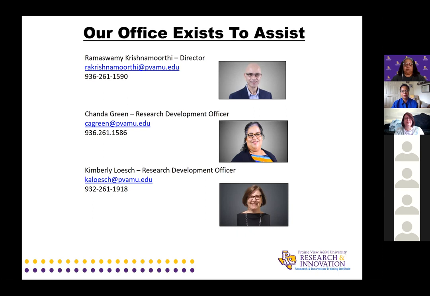We have databases readily accessible. We can identify potential collaborators and then get the potential PI in touch with the other group and facilitate a discussion among the faculty members to put together a large proposal, and we'll be happy to assist in every stage.